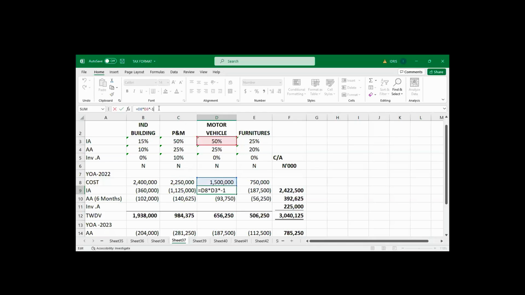So 50% of 1.5 million gives us 750,000. Furniture and fitting, the initial allowance is 25%. 25% of furniture and fitting.